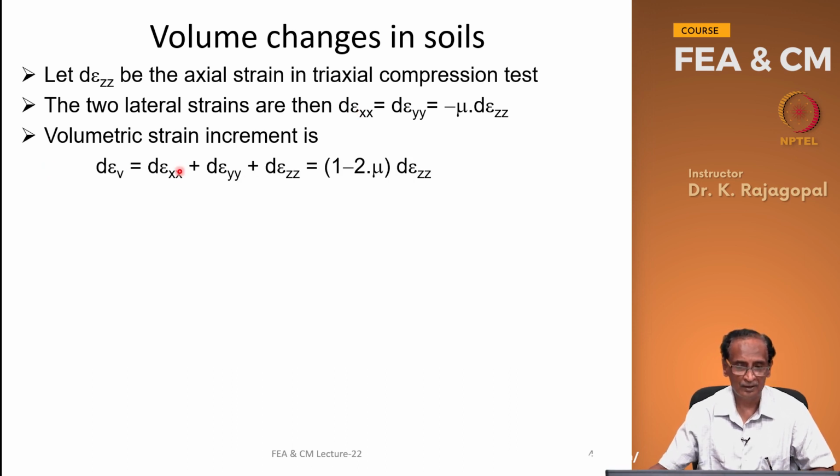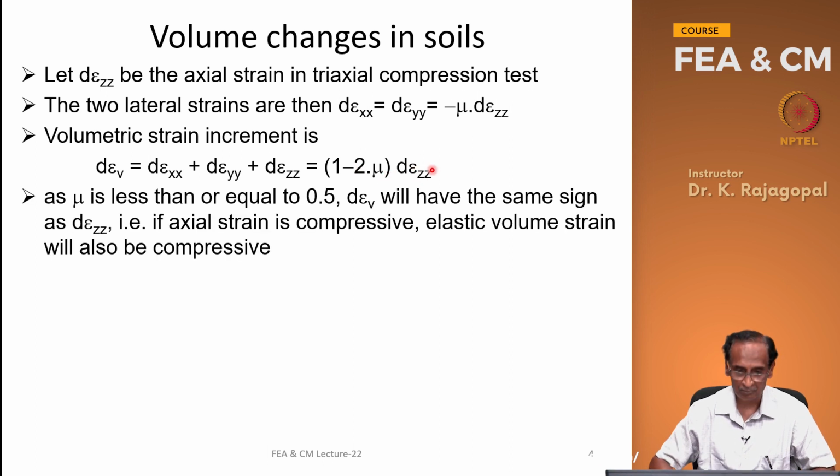So, d epsilon v is d epsilon xx plus d epsilon yy plus d epsilon zz, and that is equal to 1 minus 2 mu times d epsilon zz.